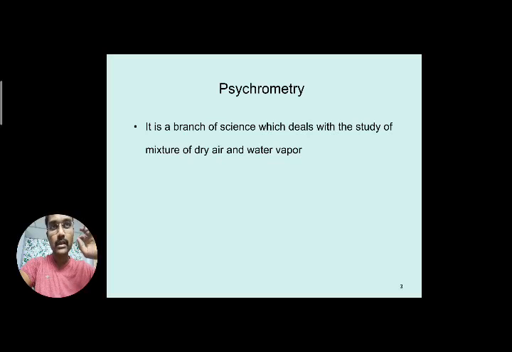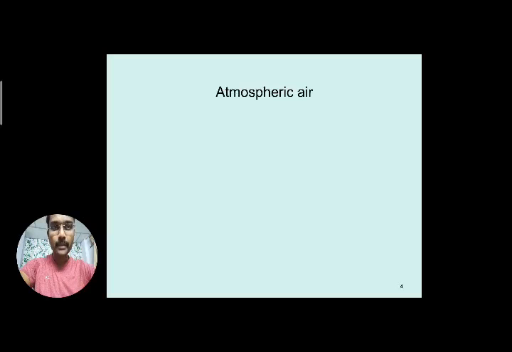Whenever the percentage of water vapor changes at different stages in the combination with dry air, what is happening behind that? What happens when this mixture takes place? So it is a branch of science which deals with the study of the mixture of dry air and water vapor. Okay, dry air and water vapor. So this is regarding psychrometry.